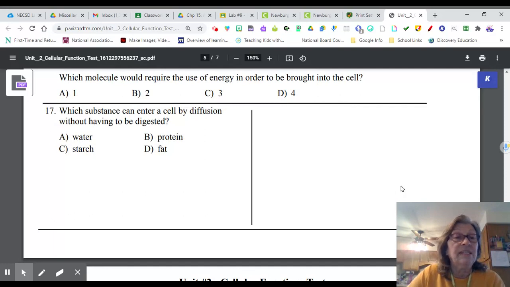Question number 17. Which substance can enter a cell by diffusion without having to be digested? A, water, B, protein, C, starch, or D, fat.